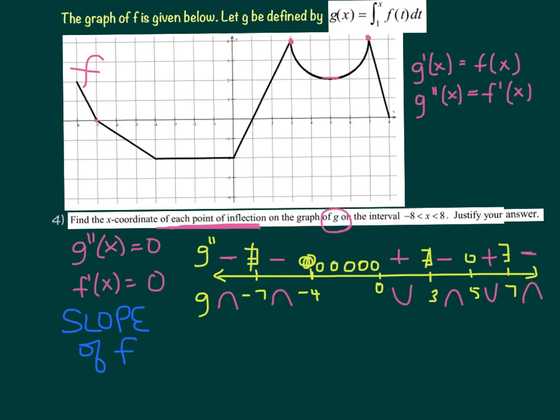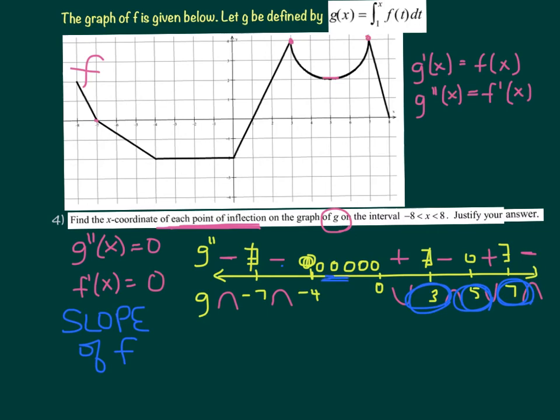All right, so where are our points of inflection? Our points of inflection is when we change sign. So we are changing sign right here at 3, and again at 5, and again at 7. We're not changing sign at -7, and between here there was just a whole flat line, so we're not changing sign in there.